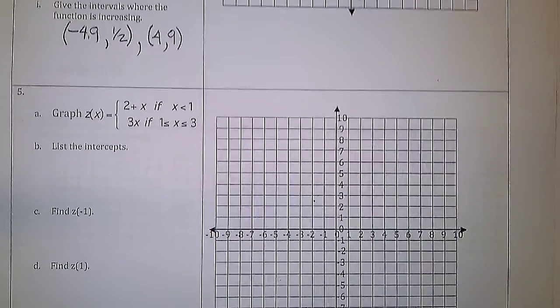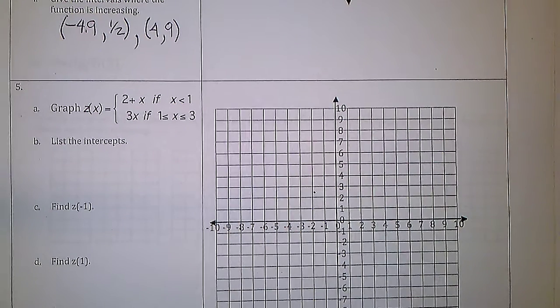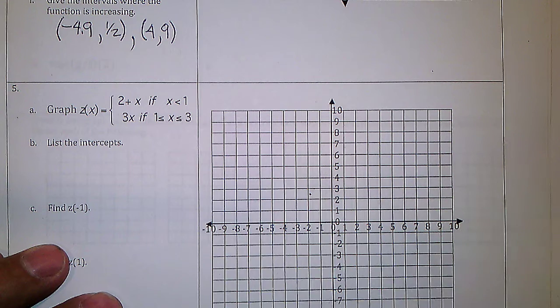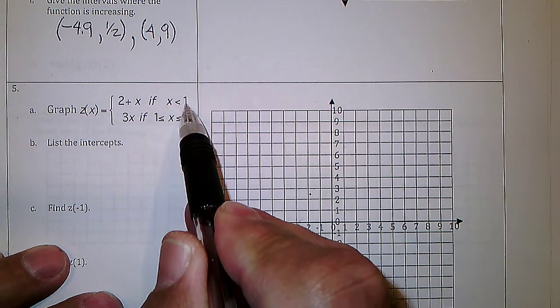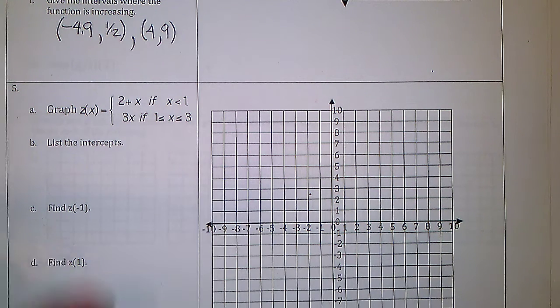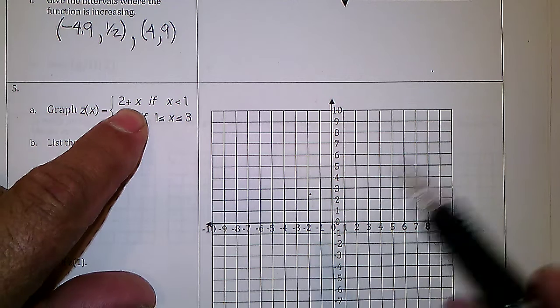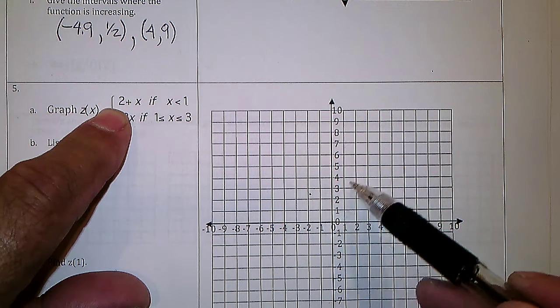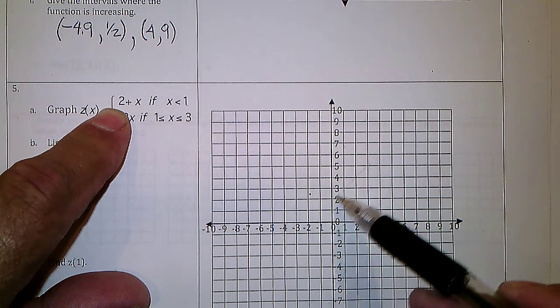Okay. This says graph this piecewise defined function. So I could pick numbers less than 1 and put them in there and figure out what this is. Or I could say, oh, this has a slope of 1 and a y-intercept of 2. So that's going something like that, I'm doing it real lightly here.